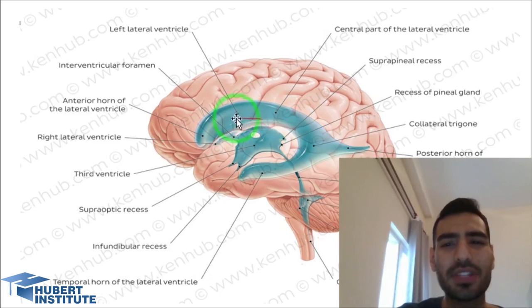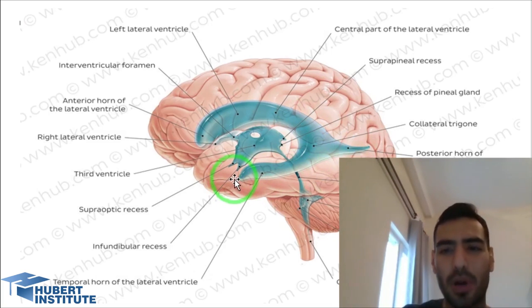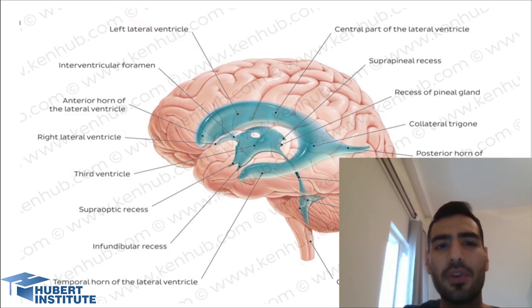As the lateral ventricles extend through all of the lobes of the cerebral hemisphere, they are divided into 5 named parts. The first one, in the frontal lobe, is the anterior horn, which transitions into the body within the frontal and parietal lobe.